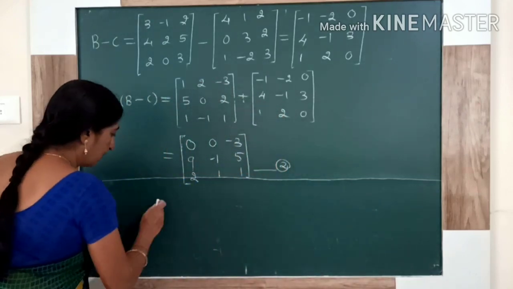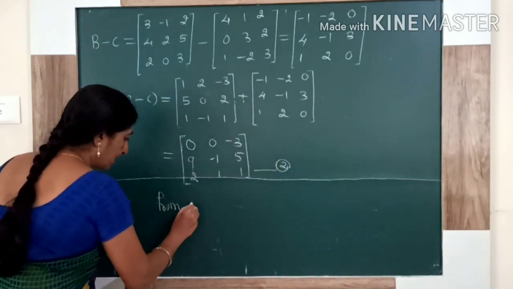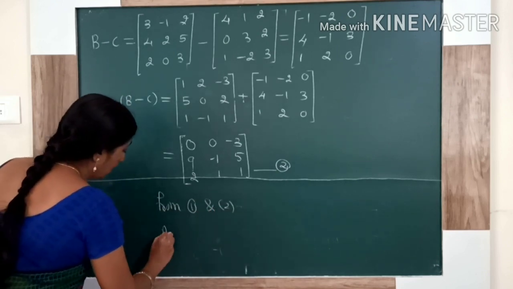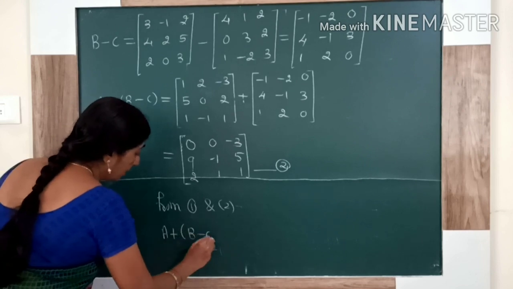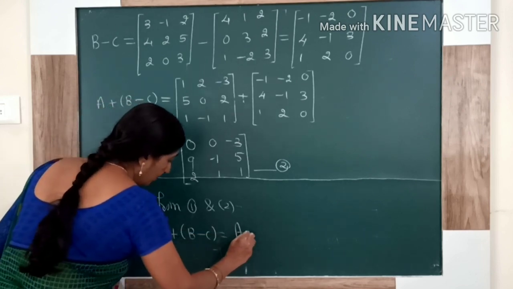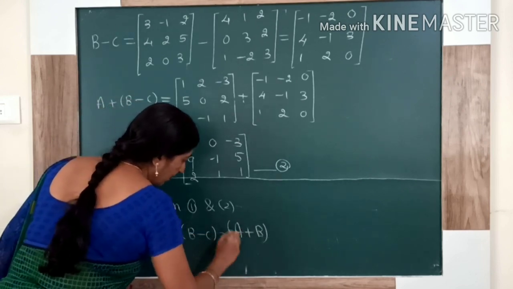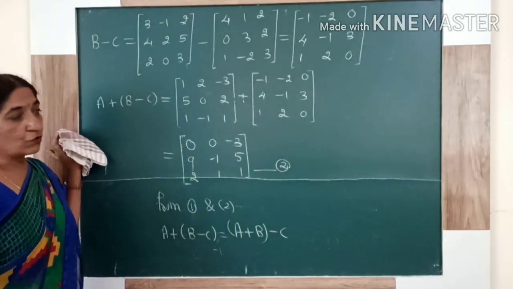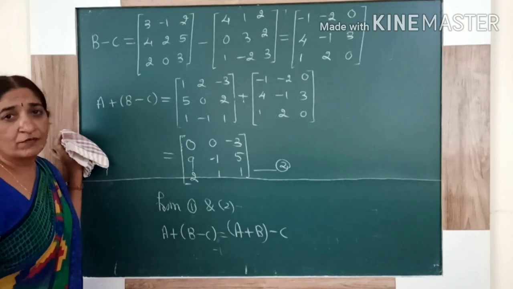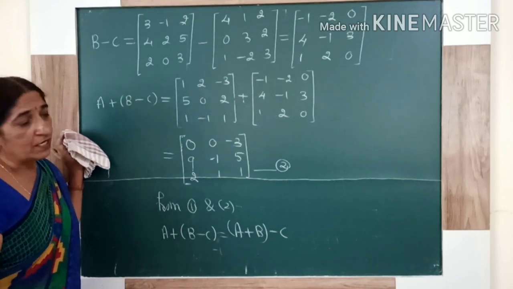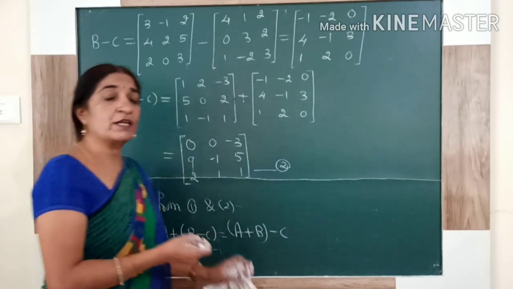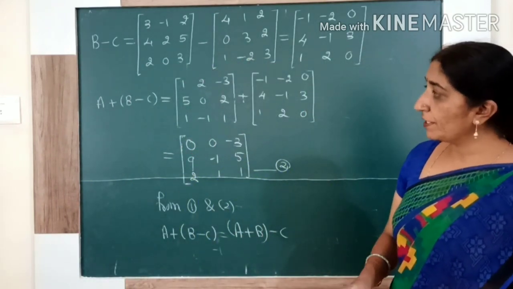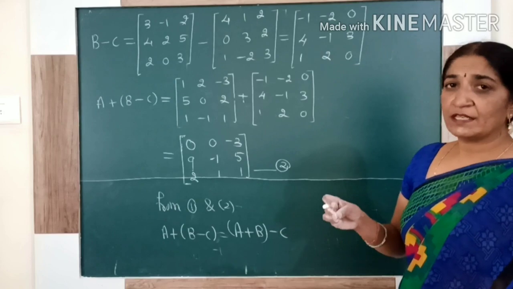We are observing from 1 and 2 that A plus B minus C is equal to A plus B minus C. See, students, is it very simple or what? So now tell me, why do you say mathematics is difficult? It is very simple if you understand the examples correctly and if you calculate very neatly, you will get the correct answer.